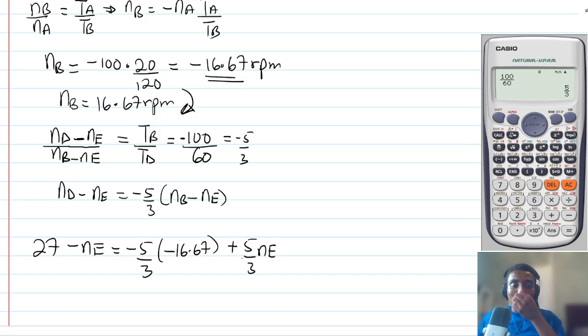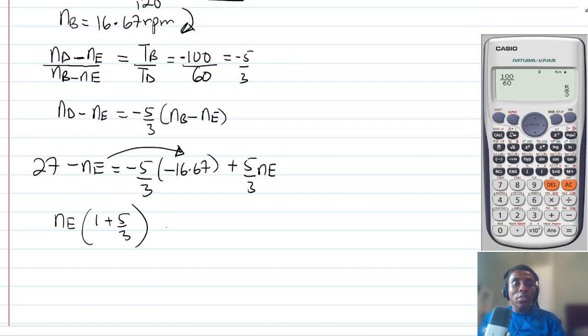At this juncture, we are solving for NE. So it's going to be NE into bracket 1 plus 5 on 3, bringing NE to this side. Then we send 27, which is positive, to the other side and it becomes negative.